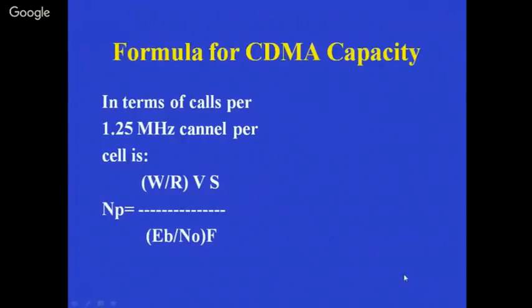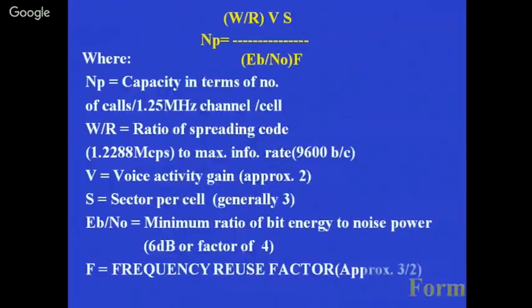So this is the formula for Np, the capacity in terms of number of subscribers. The bandwidth is 1.25 megahertz per channel. So there is only one channel in the case of CDMA, and that is of 1.25 megahertz.